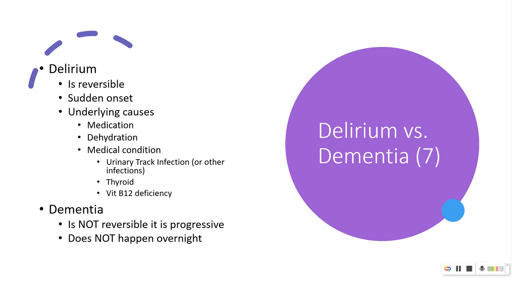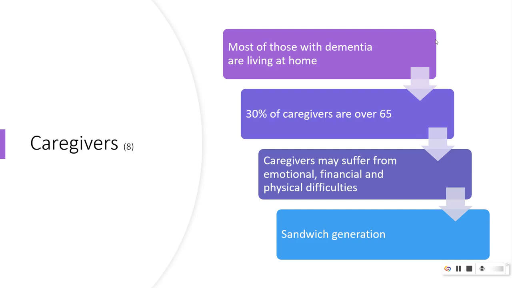I have also seen providers give a diagnosis of dementia when the elderly person goes into the emergency room with a urinary tract infection or some other type of infection. So it's really important to do that medical history, to do some lab work, and rule out the possibility that the person has some underlying disease that causes them to be delirious. Okay, so moving on, we're just going to talk a little bit about caregivers.